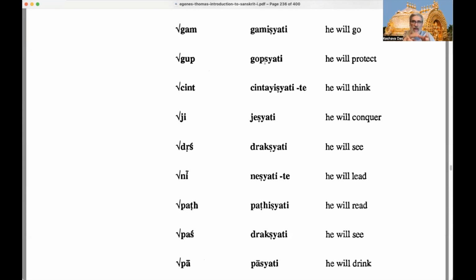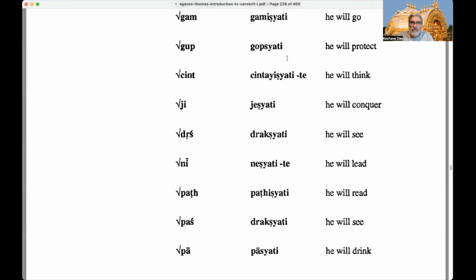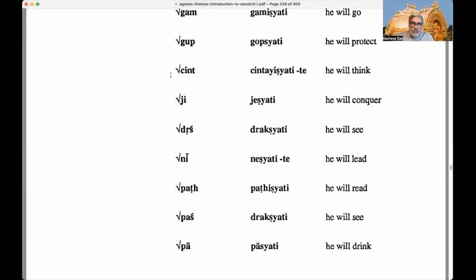U-o by guna. So the root gup becomes strengthened to become the future stem, gop, add the suffix for the future, sya, and then add the ending, t. He will protect. Gup is to protect. So gopsyati. Here's another one.